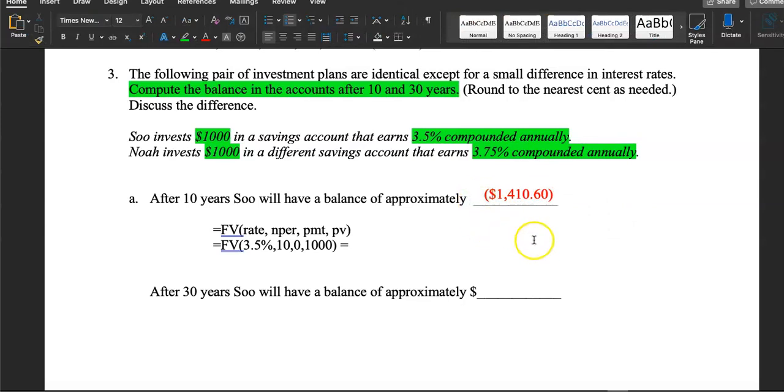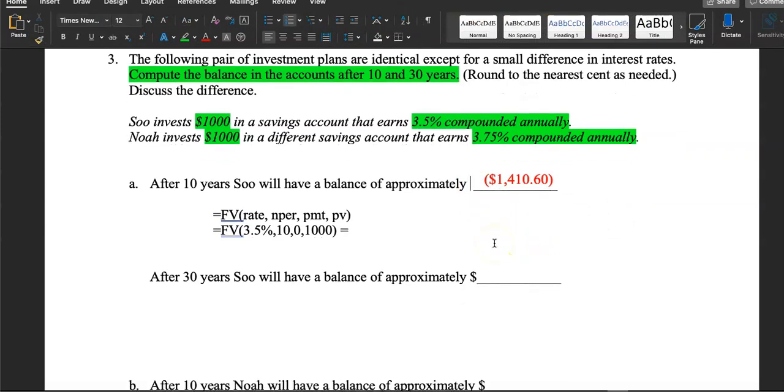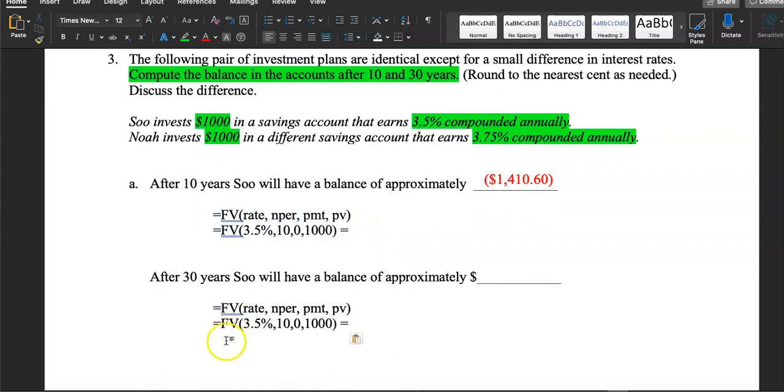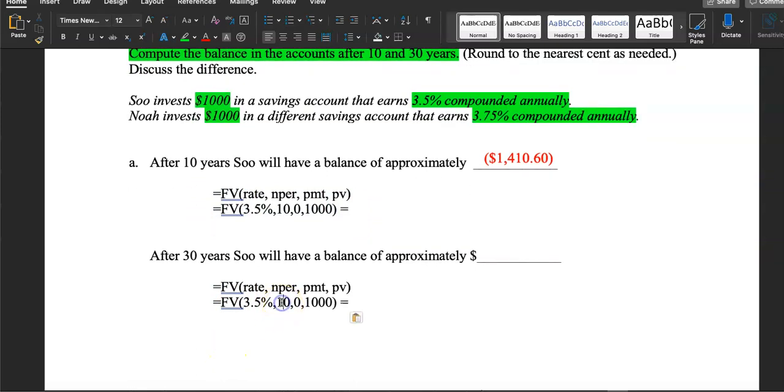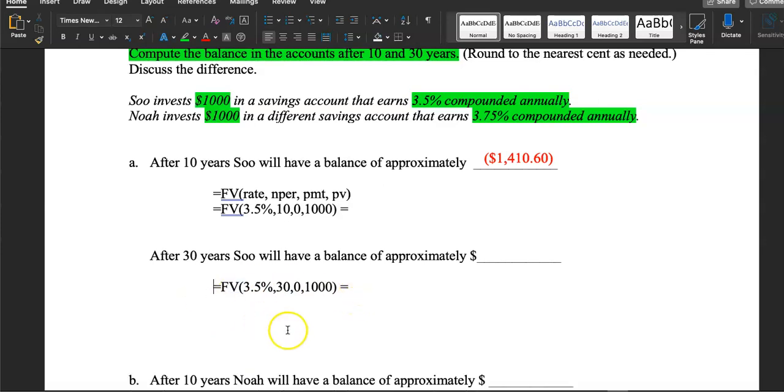All right, what's next? After 30 years, Sue will have a balance of approximately, now you know nothing really changed except for what? Except for the number of compounding periods, which is now 30 years. So I did just copy the same exact thing, but I just changed the 10 to 30, okay? So her investment, in 10 years, it didn't grow too much. It only went up $410.60.